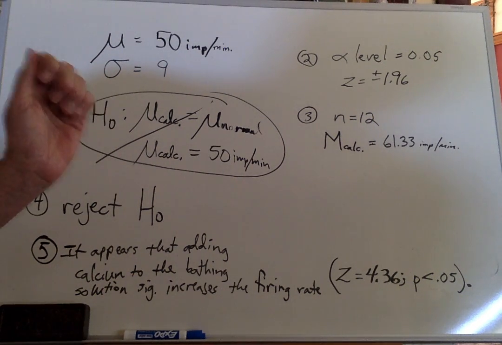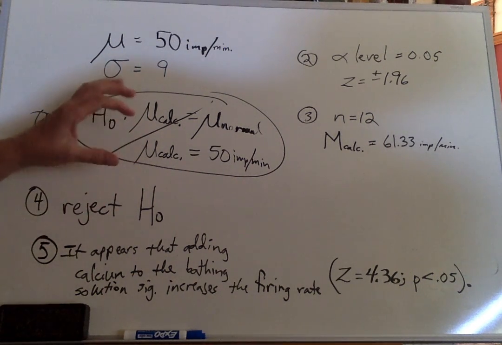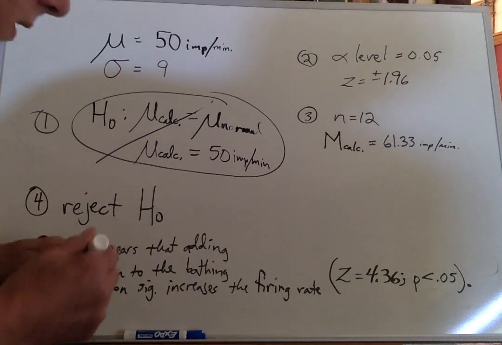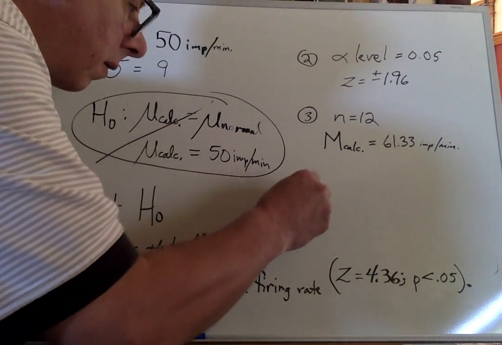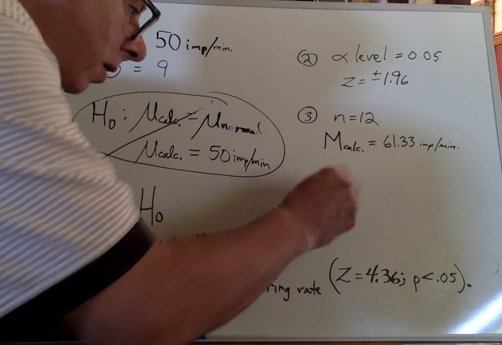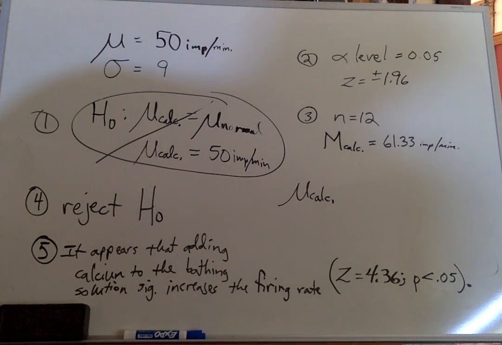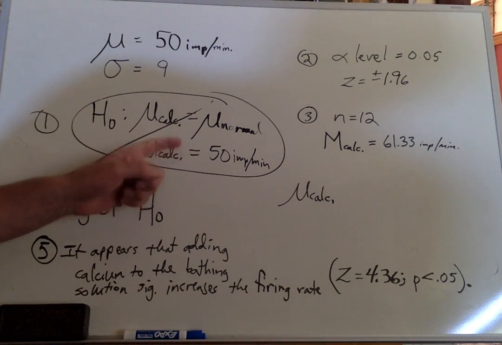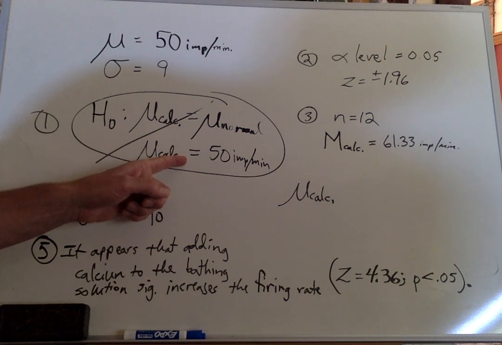So what we're saying is we're going to reject the null. I don't think that the population of these neurons bathed in calcium is equal to 50.